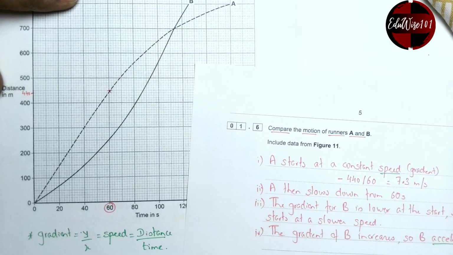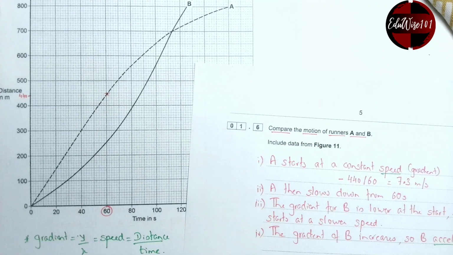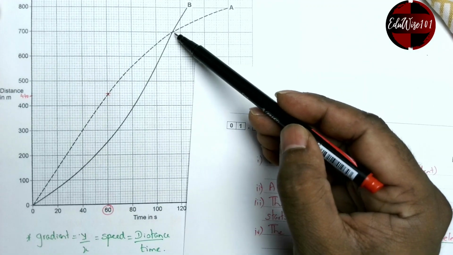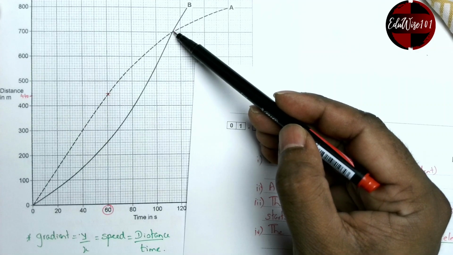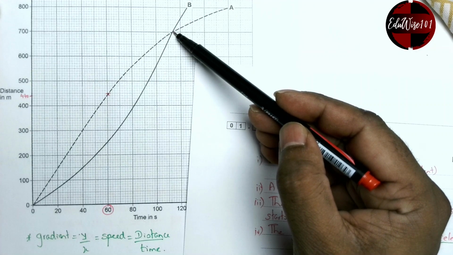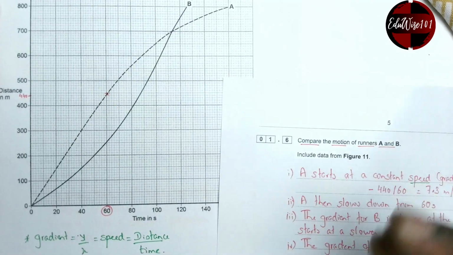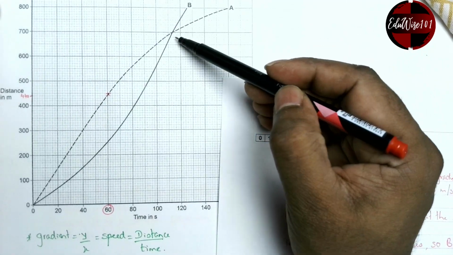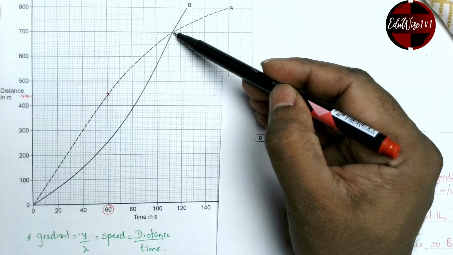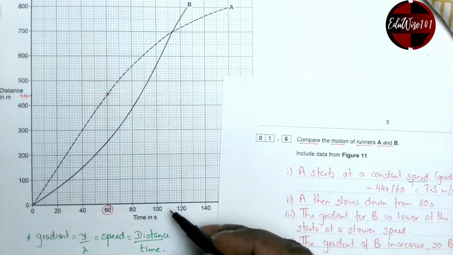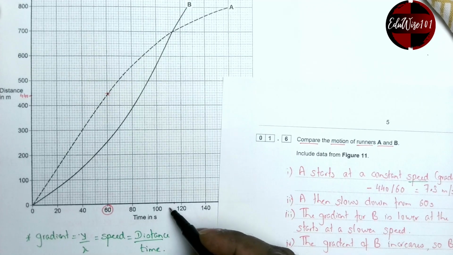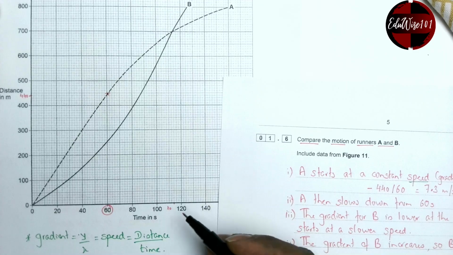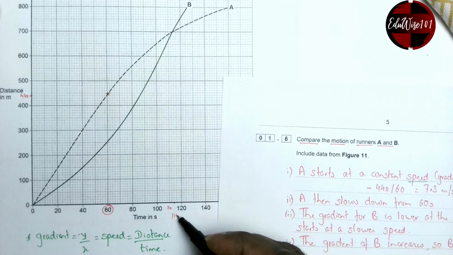Right? And when we look at the graph, runner B is actually overtaking, right? So at 700 meters, they're roughly, right, that's about 110, and that's 114.